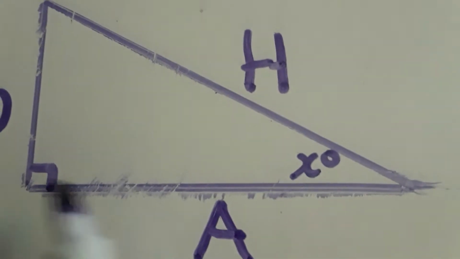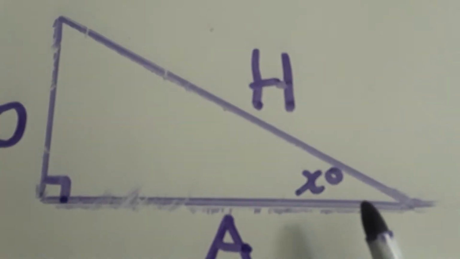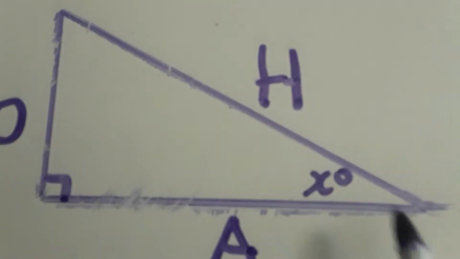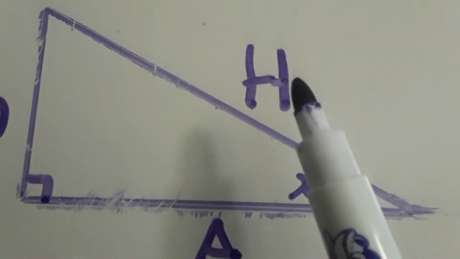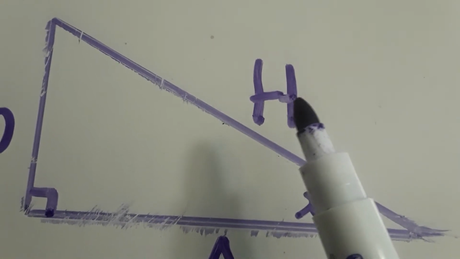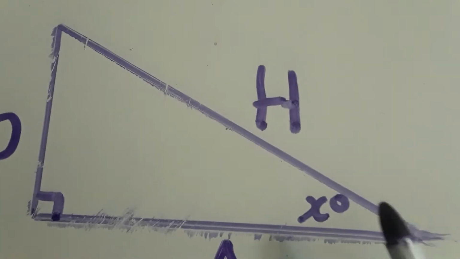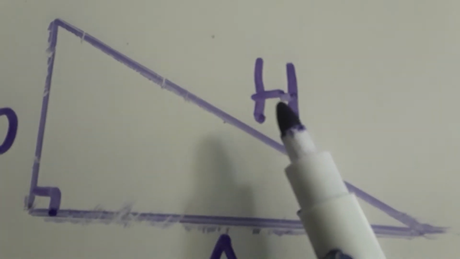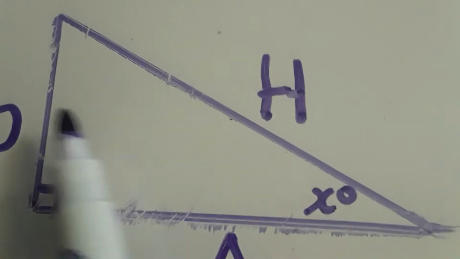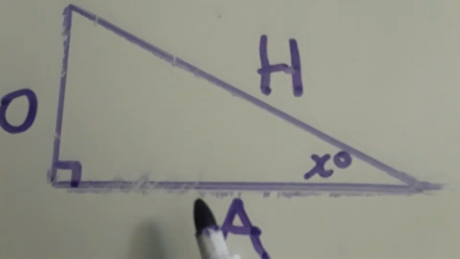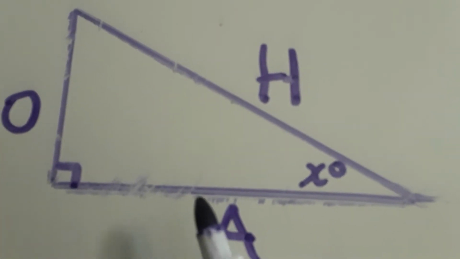It's actually part of the angle. H is also part of the angle as well, but remember that it's across from the 90-degree angle, so that's the hypotenuse. So I find if you find the hypotenuse first, then find the opposite side, then the third remaining side is the adjacent side. So let's take a look at another triangle here.